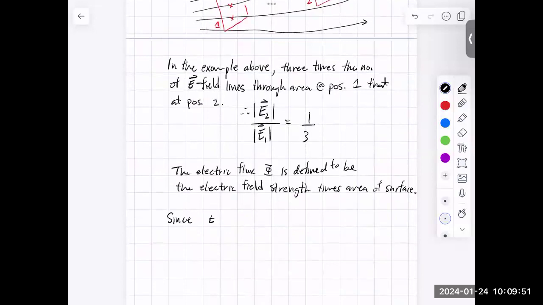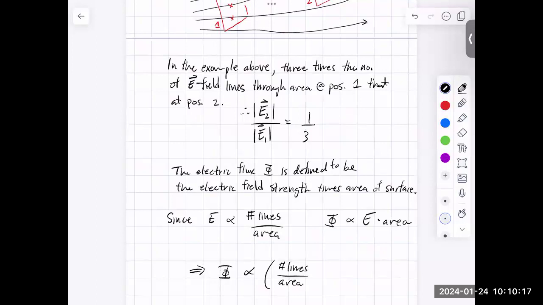Since the electric field strength is proportional to the number of lines divided by area, and the flux is proportional to the electric field strength times the area, the flux is proportional to the number of lines divided by the area times the area, which is the number of lines.